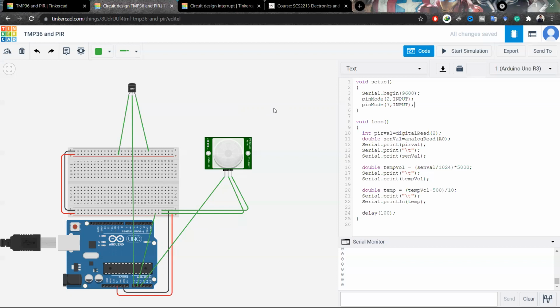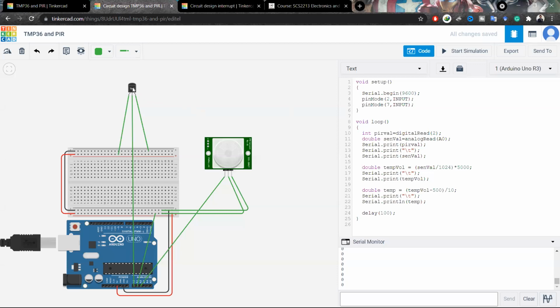If it is 100 Celsius, it gives some value. If it is 30 Celsius, it gives a different voltage. You have to go through the data sheet as well. I'll show you how to calculate the final Celsius value.